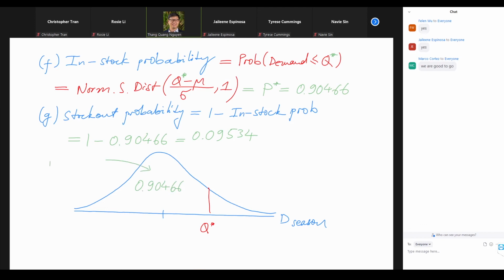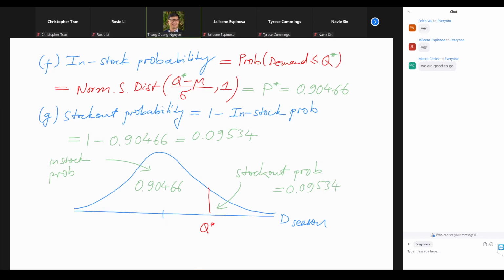That's the in-stock probability. And on the other side, we have the stock out probability equals 0.09534, right? The two adds up to 100%.